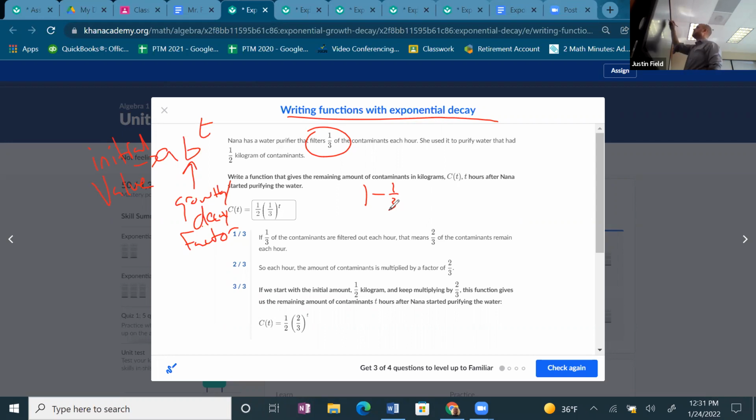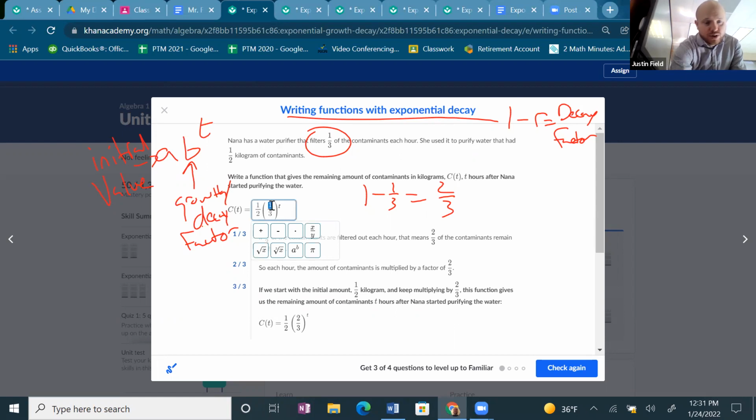In other words, the decay factor is 1 minus r. We remember the growth factor was 1 plus r. This is 1 minus r. So that would make this 2/3.